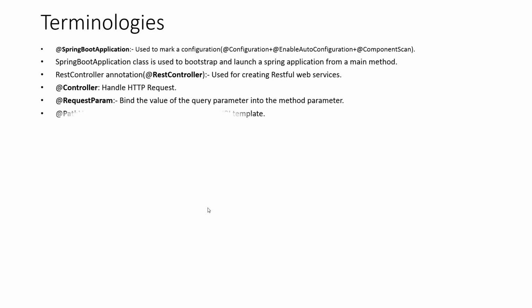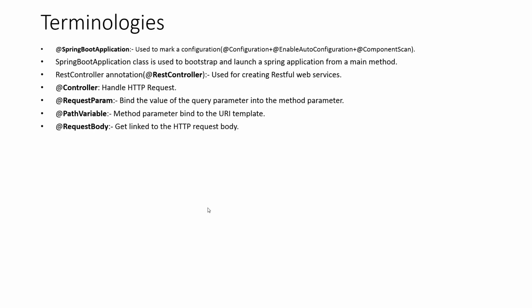The next thing that I want us to talk about is path variable. The main function of this annotation is that it binds the method parameter to the URI template. The difference between these is that path variable binds to the URI template, while request param binds to the query parameter.